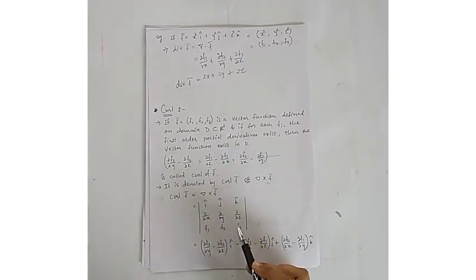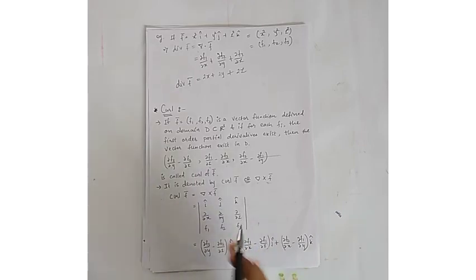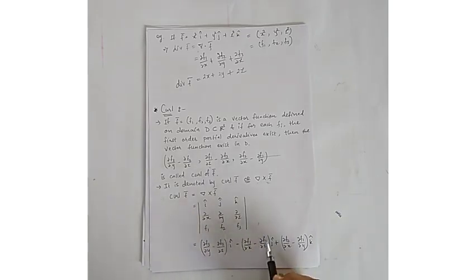When you find this determinant, we get i caret times the determinant of the remaining rows and columns, that is del f3 by del y minus del f2 by del z, into i caret, minus j caret into the determinant of the other two rows and columns. So it will become j caret into del f3 by del x minus del f1 by del z, and the last one is plus k caret, which will give del f2 by del x minus del f1 by del y into k caret.